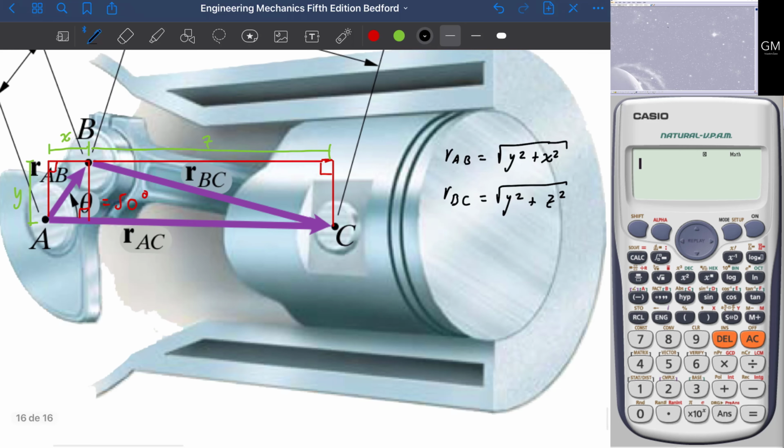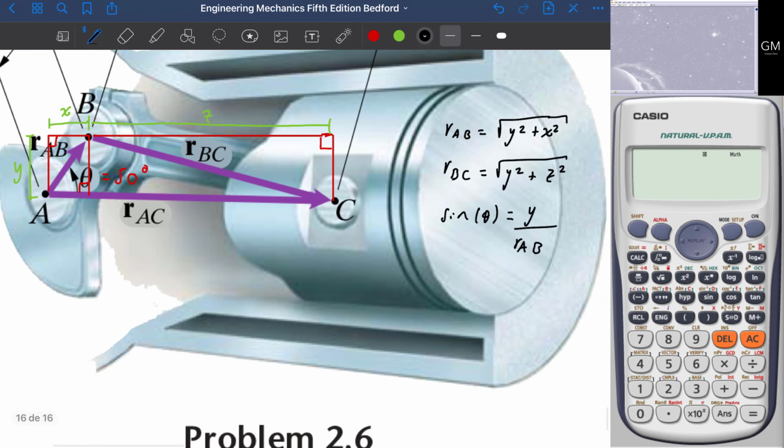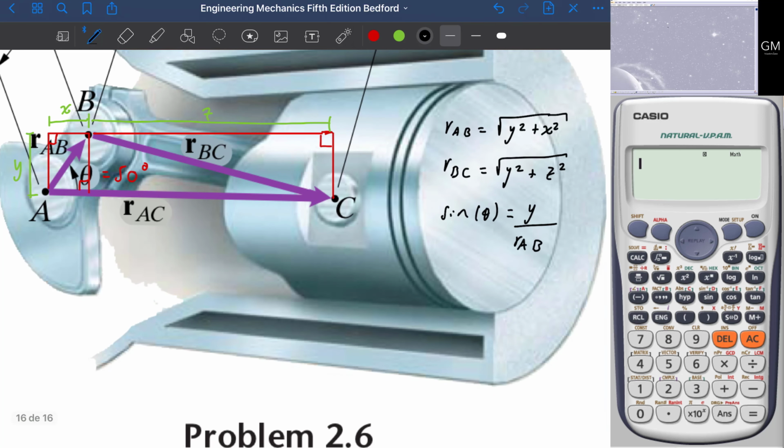So one thing that I can do right now is to say that the sine of the angle theta is equal to y divided by RAB. Okay, so I can get finally this value. With this value, what I can do is to use it in this equation.